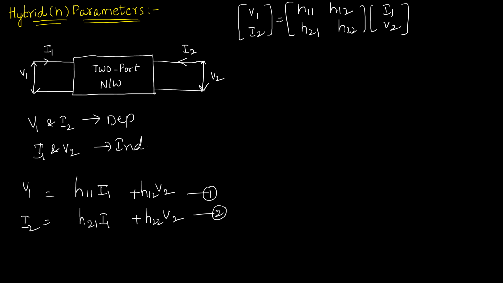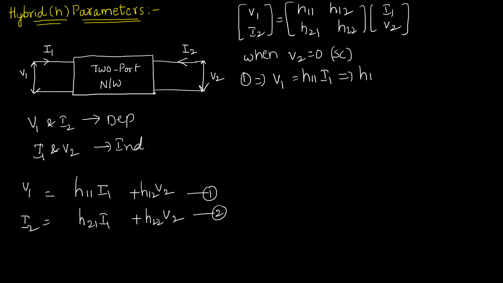Now how can we find H parameters? Let us use the conditions. First condition: when V2 becomes 0, what happens? A short circuit can be observed. From the first equation, we can write V1 equal to H11 into I1.